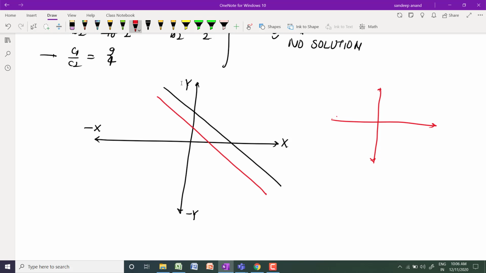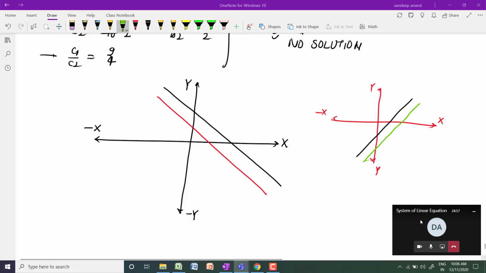Suppose this is your coordinate system, plus x, plus y, minus y. Maybe you will get this kind of line. One line is going like this and the second line is going like this. But you must have parallel lines which never intersect at any point, because intersection will give you the solution.